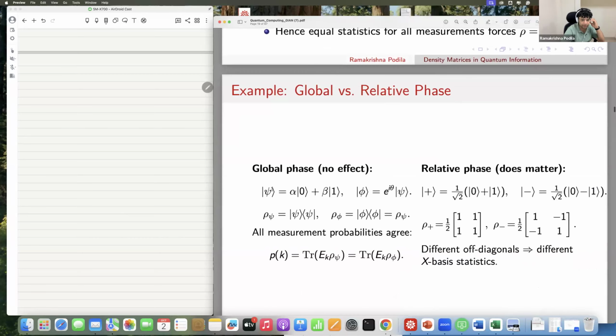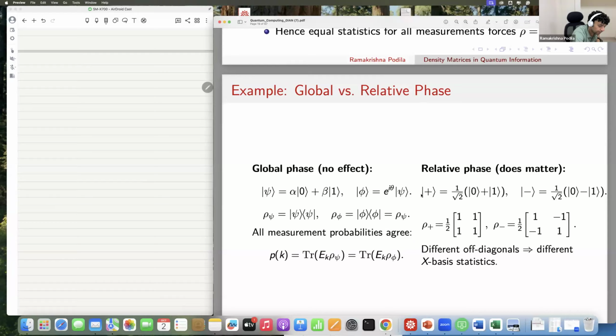So for example, psi and phi, let us say, right? Even the off-diagonal elements also will be equal because e to the power i theta, when you have a global phase, will cancel out, right? So for example, if I take psi as alpha |0> plus beta |1>, then that is nothing but the vector (alpha, beta), right?